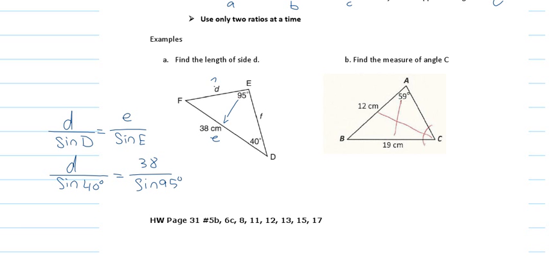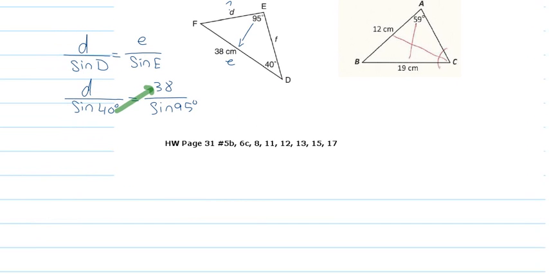Now, to solve for D, all what I have to do is, I call it half cross multiply. So you're only going to cross multiply one part, okay? Because basically you want to leave D by itself because you're looking for it. So all what you're doing technically is multiplying 38 by sine 40, and then you're dividing by sine 95.